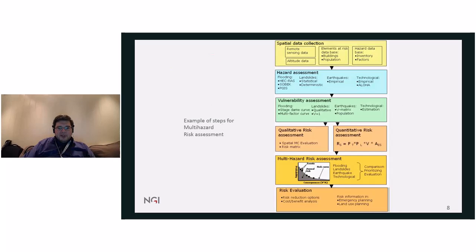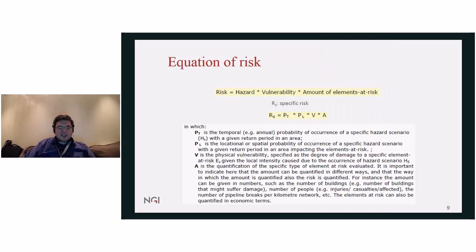Just for illustration, these are some steps that one has to follow when we have different types of hazards affecting an area. In these examples, we're going to deal only with a single type of hazard, which is a landslide.